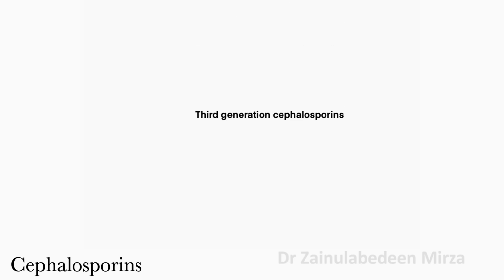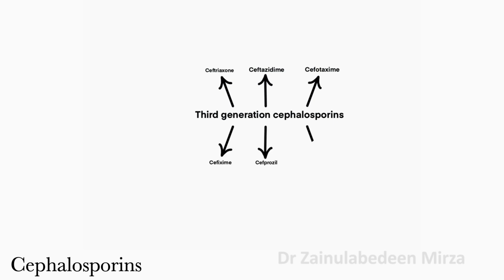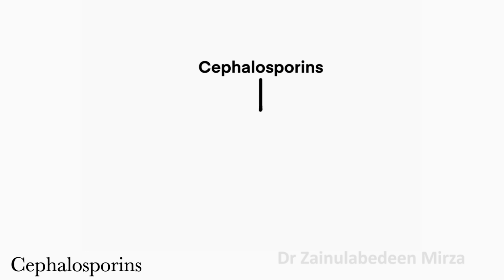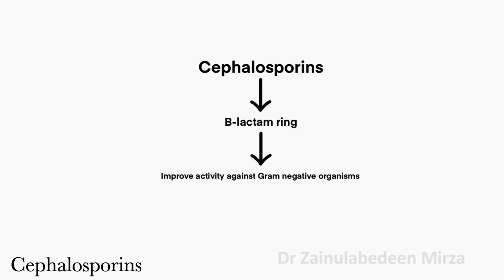Examples of third-generation cephalosporins are cefotaxime, ceftazidime, ceftriaxone, cefixime, cefprozil, and cefpodoxime. Cephalosporins protect the beta-lactam ring, which results in compounds with improved activities against gram-negative organisms.